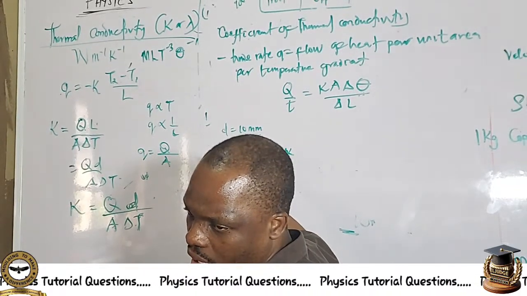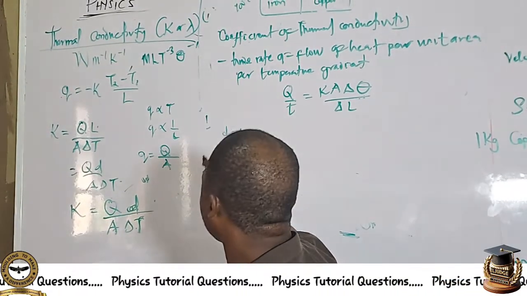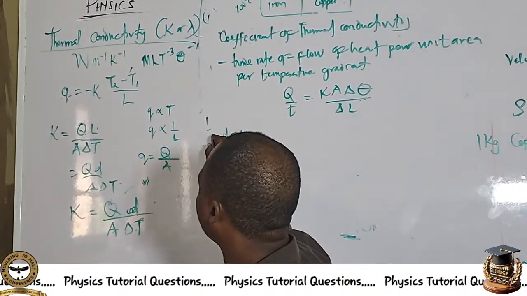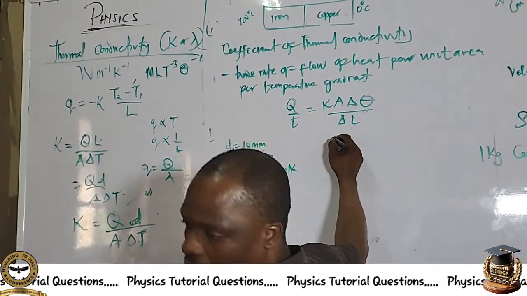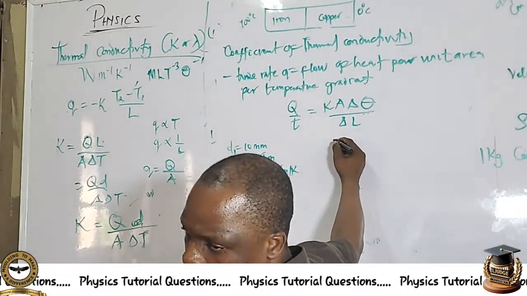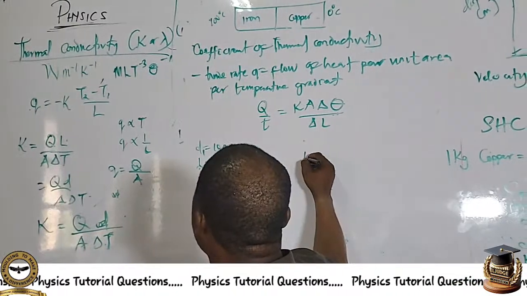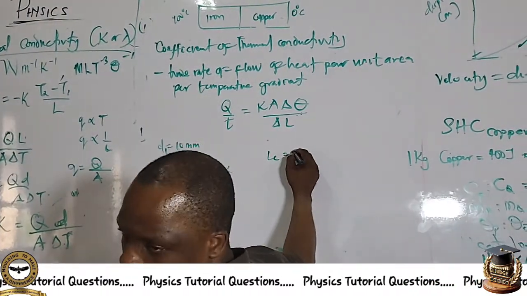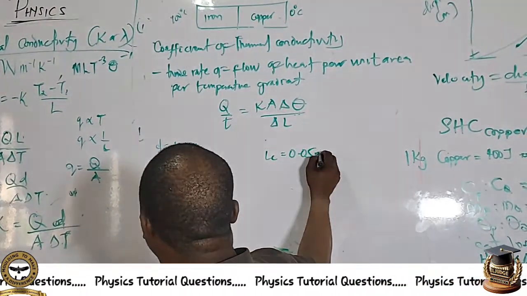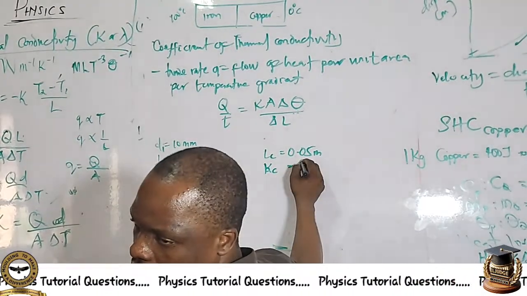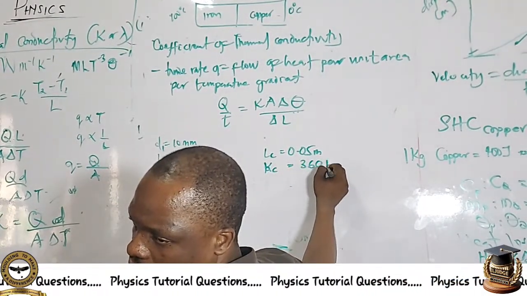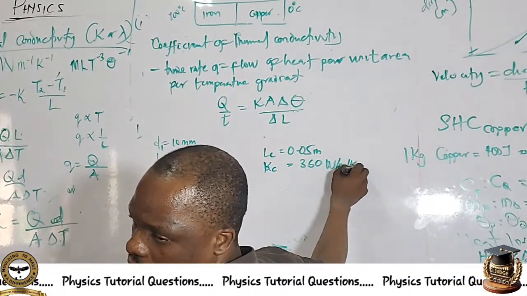And for copper, the length is 0.05 meter and K of copper is 360 watts per meter per Kelvin.